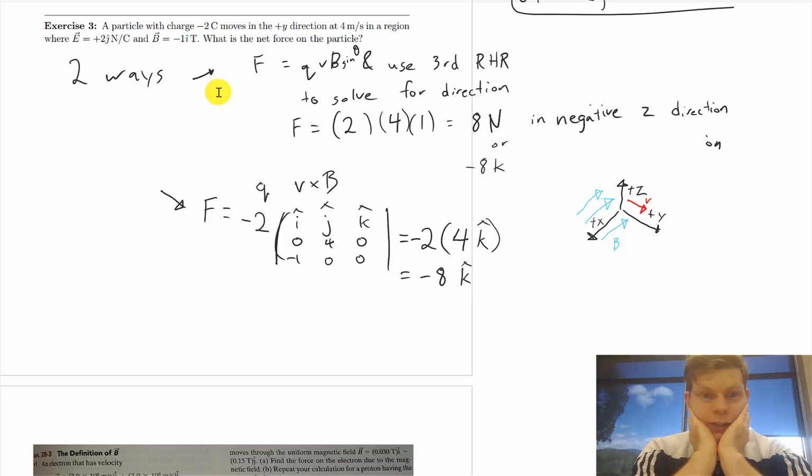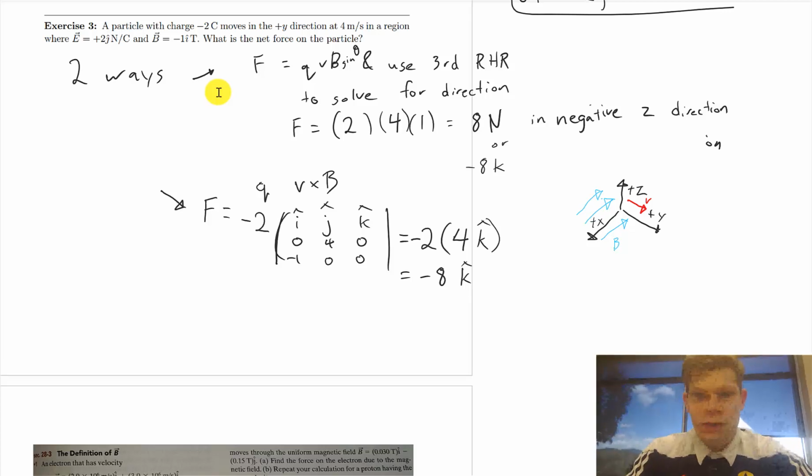So what I found is the magnetic force. To find the net force, you'd have to do sort of big minus small. Actually, never mind. They will add up. So I need to add 4 to my answer. So it'll be minus 12k.